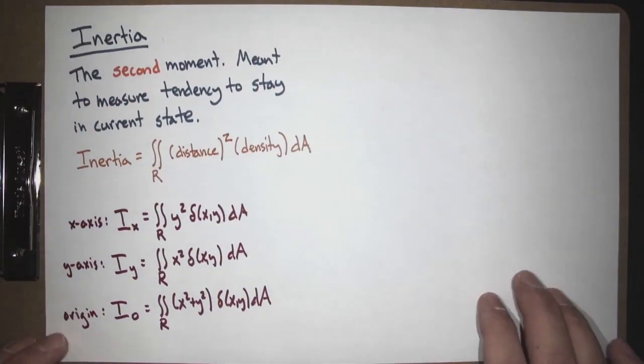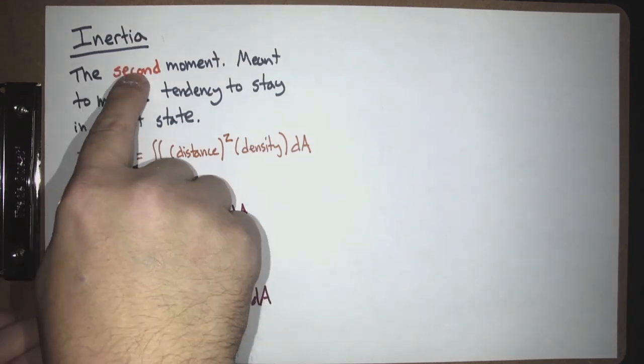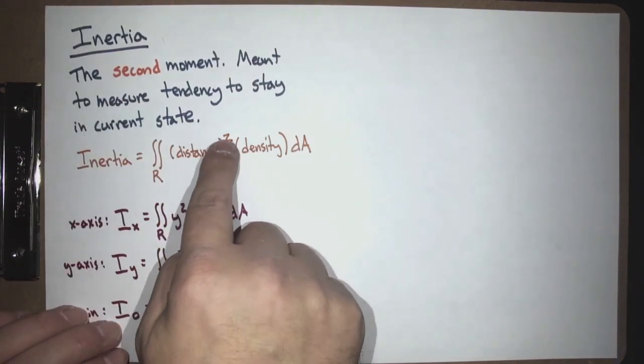All right. So what is the second moment? Well, that's called inertia. The idea of inertia is you're meant to measure a tendency to stay in current state, not shape. So what's the quantity? How do you compute it? The key is it's the second moment, so it's distance squared.